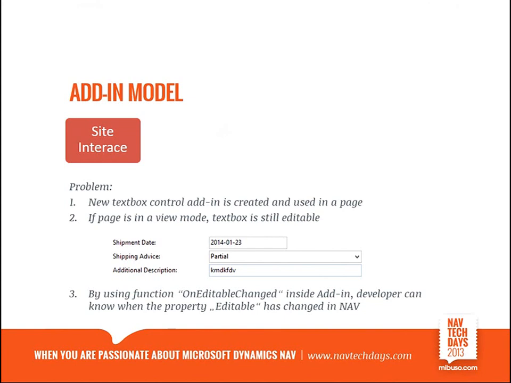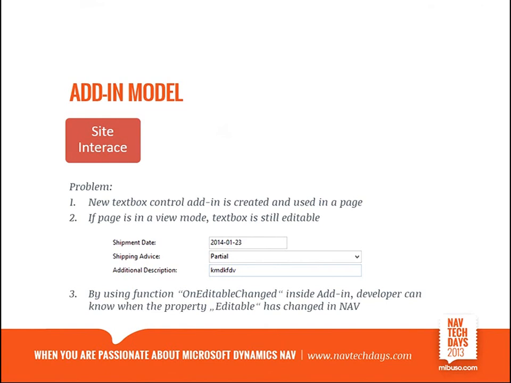It doesn't take into account whether the page itself is editable or not. When you create a very simple add-in with a text box and you're not checking anything about editability, you see here, I just added a screenshot as an example. These 2 fields are standard NAV fields, and the third field is a .NET component. It's an add-in.